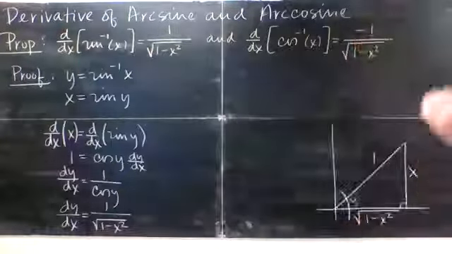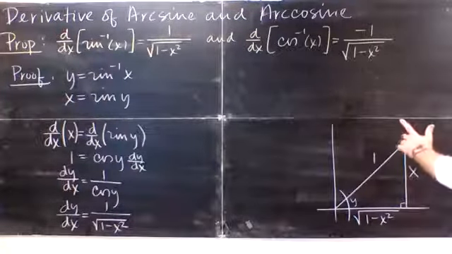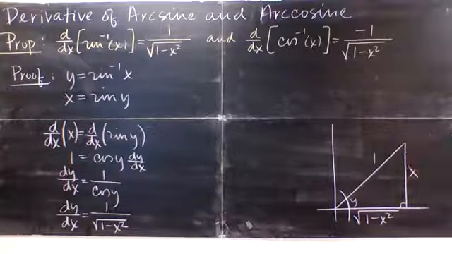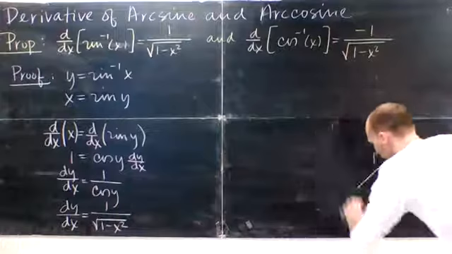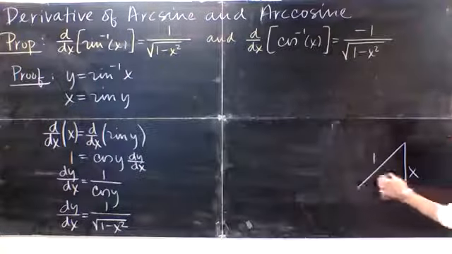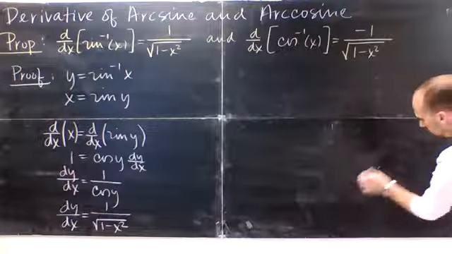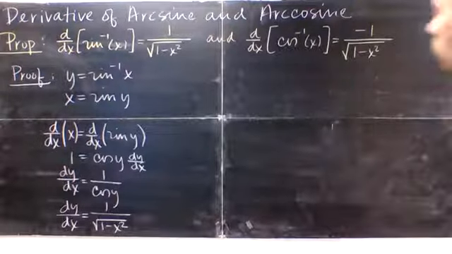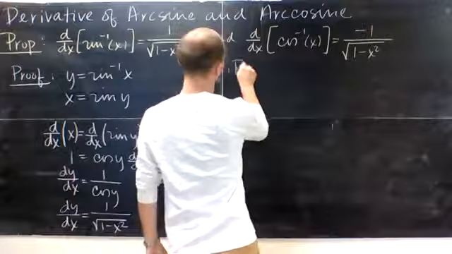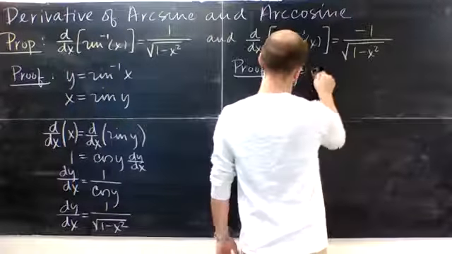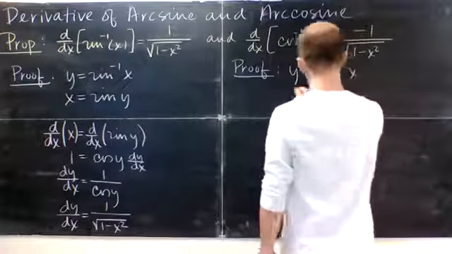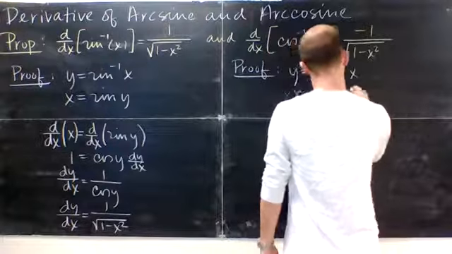All right? The derivative of inverse cosine is going to be very, very similar, and so I'll maybe go a little faster through that. I'm going to start by saying y equals inverse cosine of x. So x equals the cosine of y.